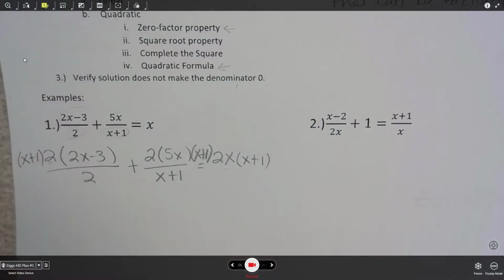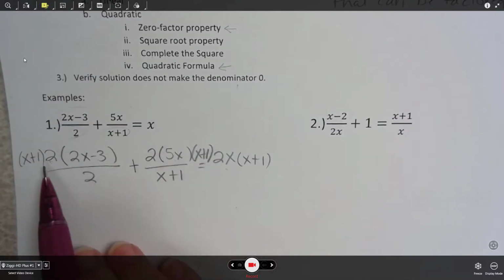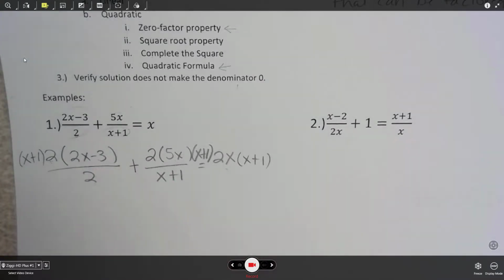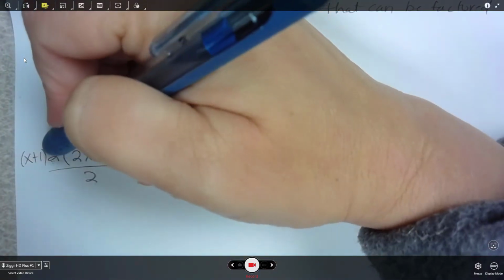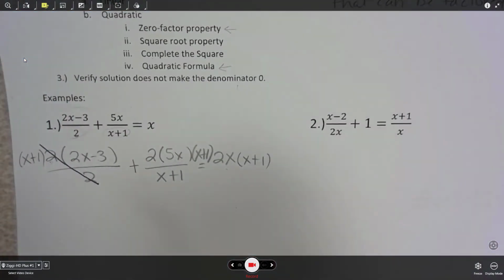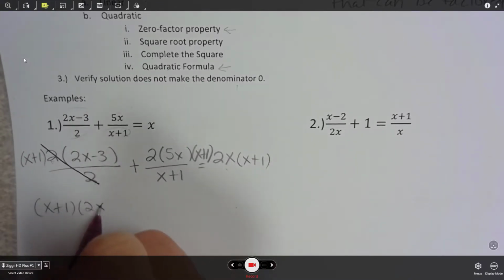Now that I've multiplied everything by each of the denominators, so everything was multiplied by a 2 and everything was multiplied by an x plus 1, I'm going to actually do the multiplication and cancel out where I can. Looking at the first fraction here, this 2 and this 2 will divide out, and what I'm left with is x plus 1 and 2x minus 3.